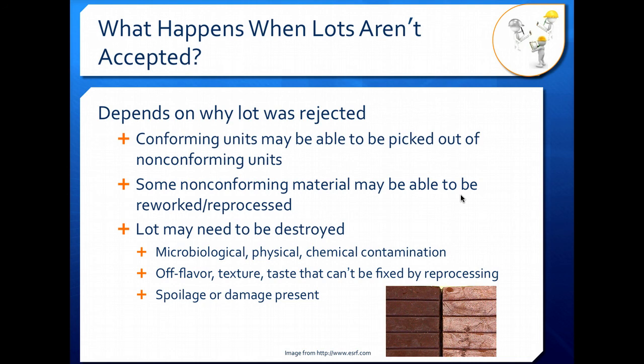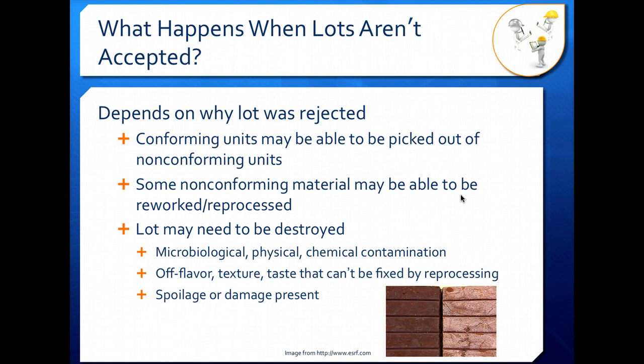Sometimes you can rework or reprocess your non-conforming material. You can send it back to the ingredient supplier to be reprocessed. If it's your own product, you may be able to put it in the product as rework. The problem with that is you're only allowed a certain amount of rework per amount of new product you put out.